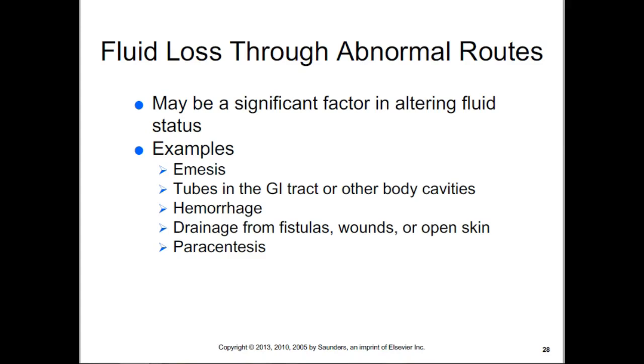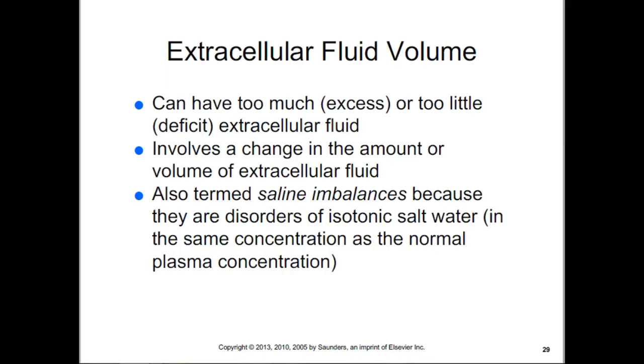When you are hemorrhaging, you are losing tissue fluid, and definitely you're losing blood and proteins from your blood. Also drainage into fistulas, wounds, or even open skin, or paracentesis into other areas of your body.